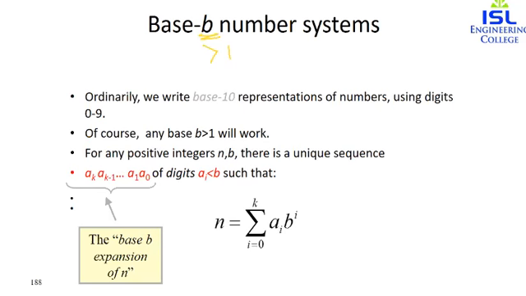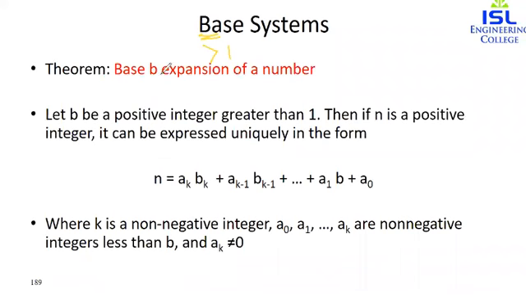The base b expansion of a number: let b be a positive integer greater than 1. Then if n is a positive integer, it can be expressed uniquely in the form n is equal to ak b power k plus ak minus 1 b power k minus 1, and so on, where the first term is multiplied by b power k.